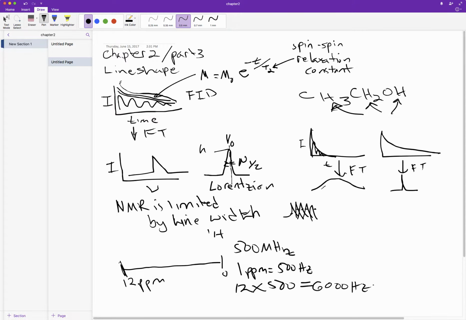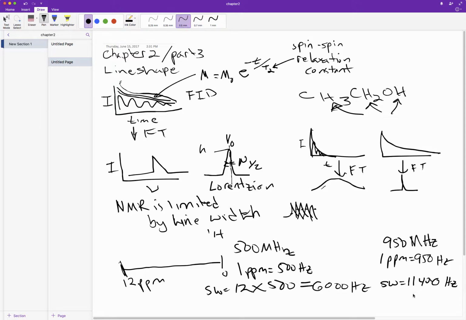6,000 hertz. And if you ran it on a much higher field magnet, say a 950 megahertz NMR, where 1 ppm is now equal to 950 hertz, your spectral width, we'll call this the spectral width, is now 11,400 hertz.